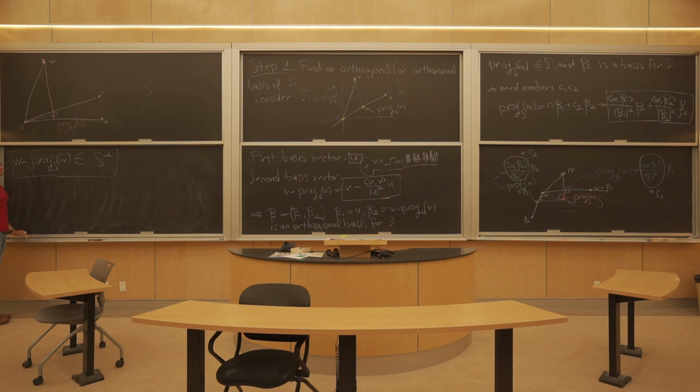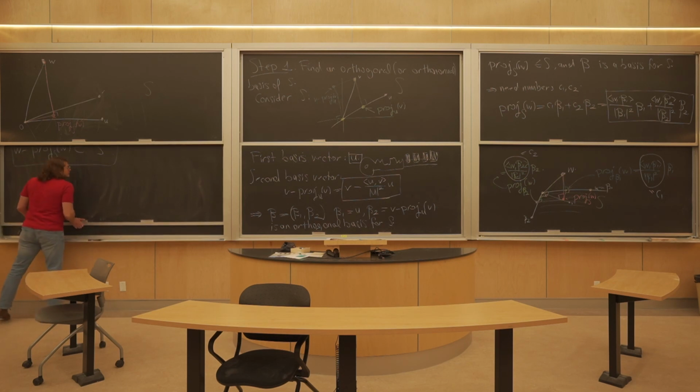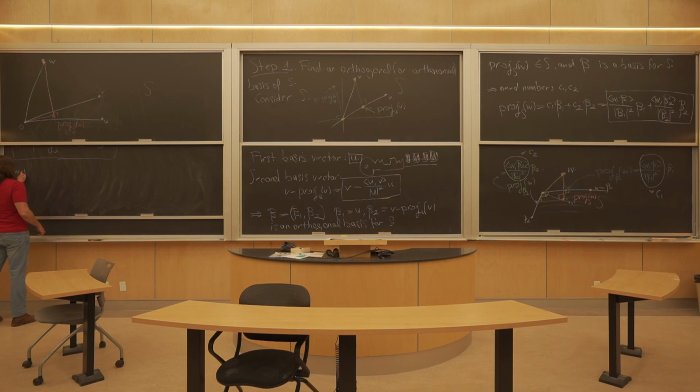Perhaps let's also verify this using these expressions. How can I verify that W minus proj sub S of W is in S perp? Well, insofar as this vector is perpendicular to any basis vector in S, I'm good. Okay? So all I need to do is to take the inner product. So that's my vector, and let's say I'm taking the inner product against beta 1.